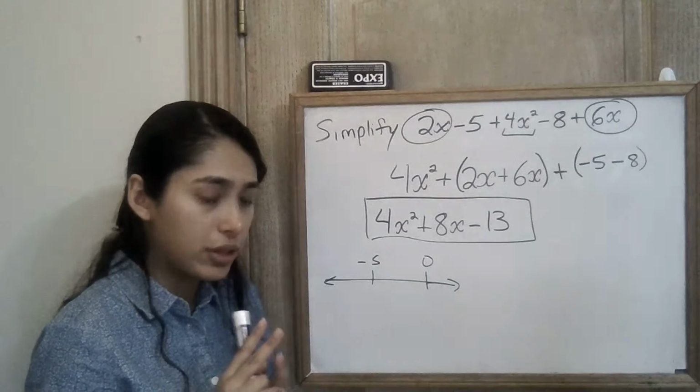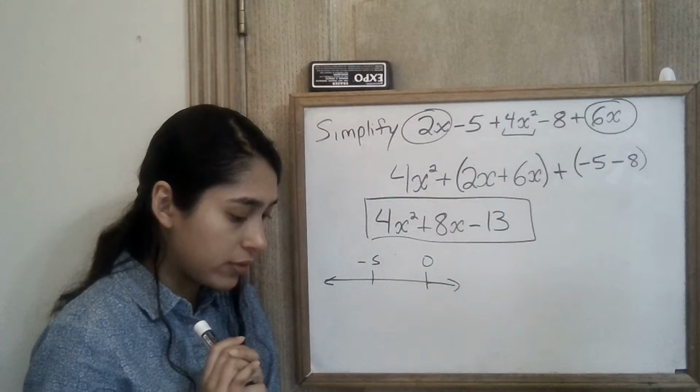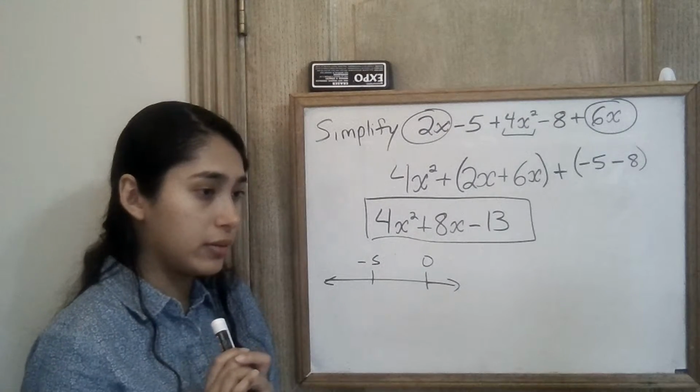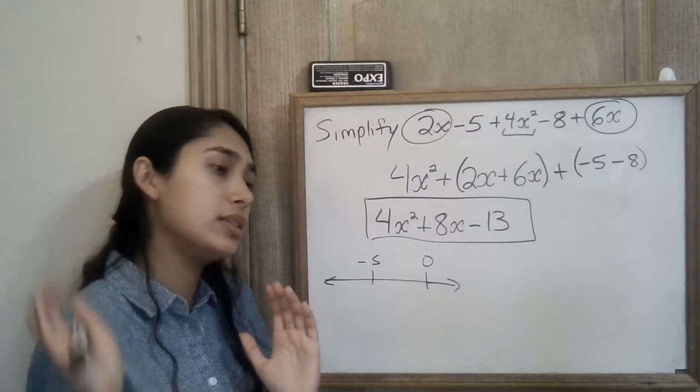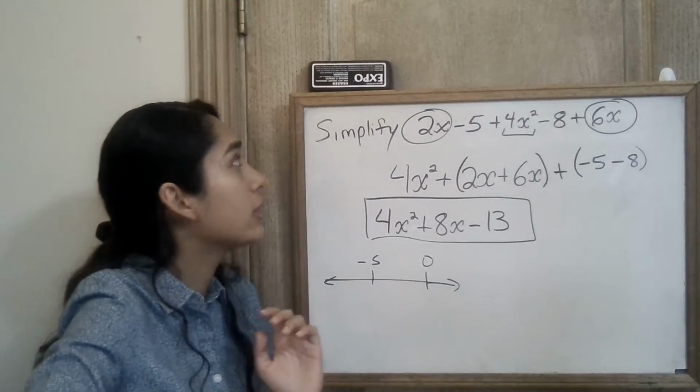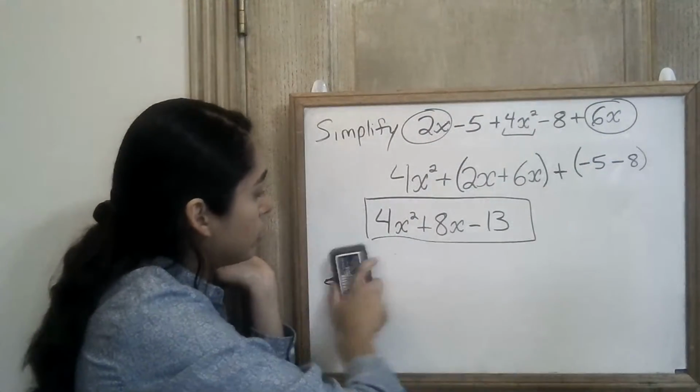Now, there are two other things that we will cover. It's the distributive property. This is where you're multiplying something outside of the parentheses and it applies to everything inside. So let's do this.